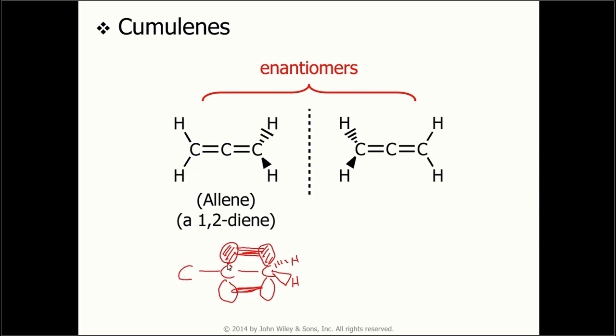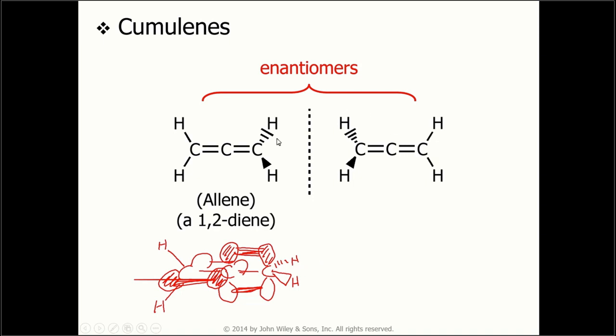Then I have my only p orbital that's left on the central carbon atom interacting with a p orbital on the leftmost carbon, and the hydrogen atoms therefore must be going perpendicular to that p orbital and above and below the plane. So you can see that these two hydrogen atoms on the left are in the plane of the page. These two hydrogen atoms on the right are out of the plane of the page.